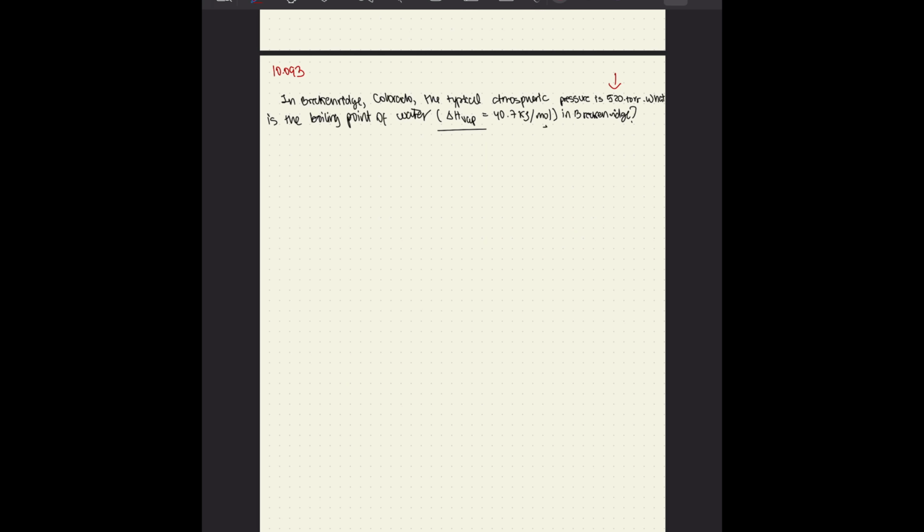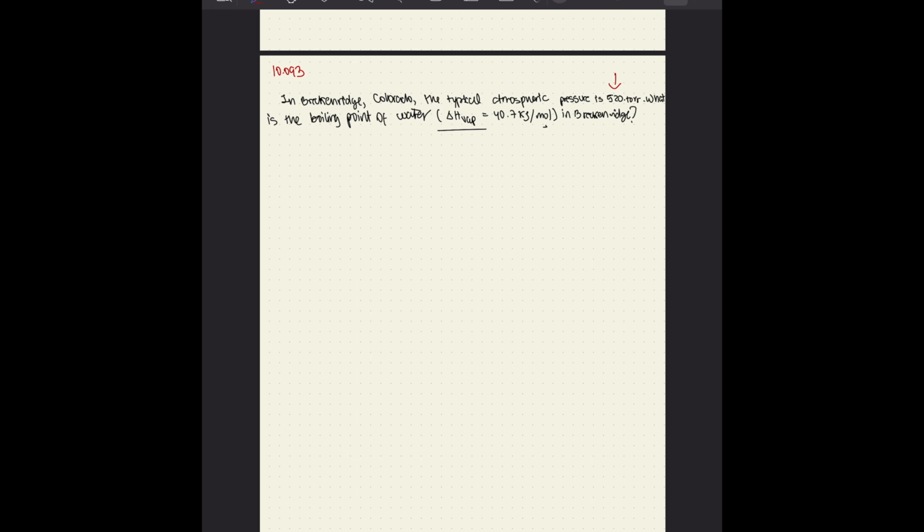Now for the second question, I don't know how to pronounce the place name. In Colorado, the typical atmospheric pressure is 520 torr. What is the boiling point of water? The enthalpy is 40.7 kilojoules. They want to know the boiling point at 520 torr.